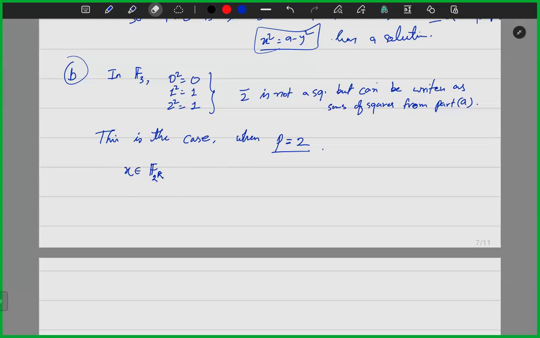Is this true? Let me write for Zp meaning Z2.